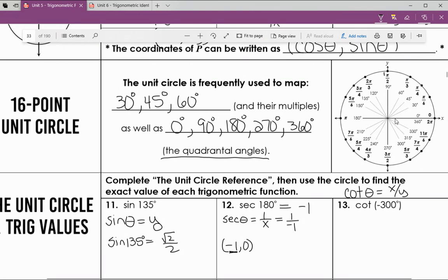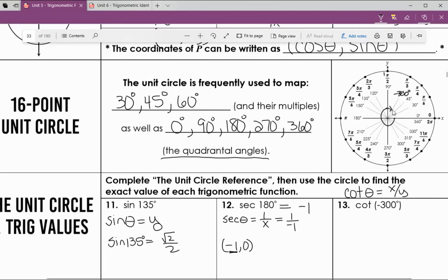So I'm going to start at 0 and rotate until I hit -300. This is -90, -180, -270, and then I go an additional amount. So this is actually equivalent to -300.